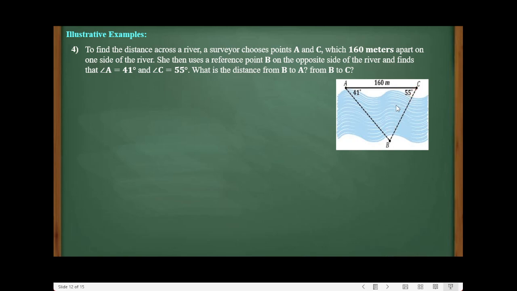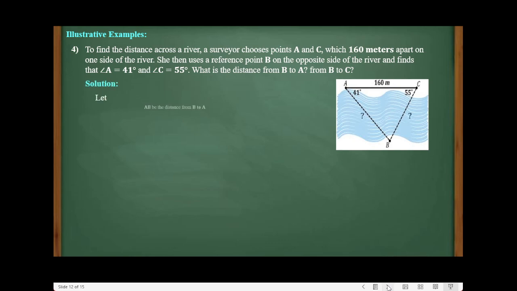These are the three given parts under case number 1: given one side and two angles. So we use the law of sines here.